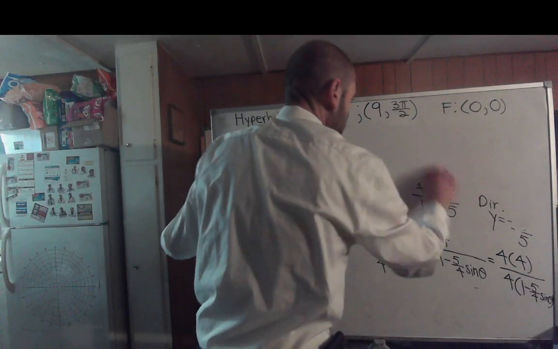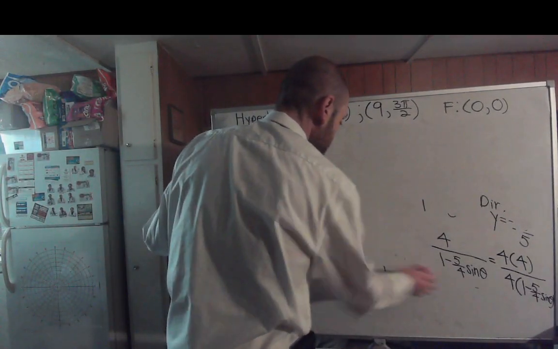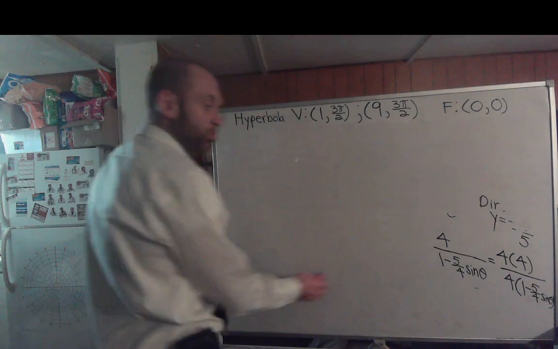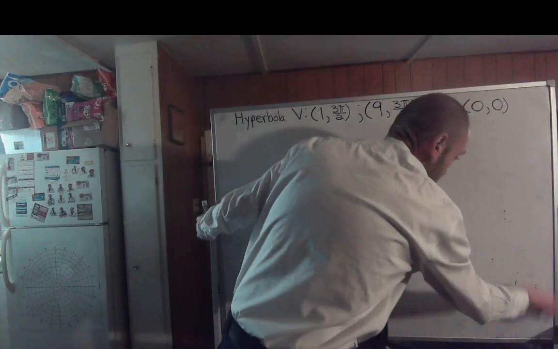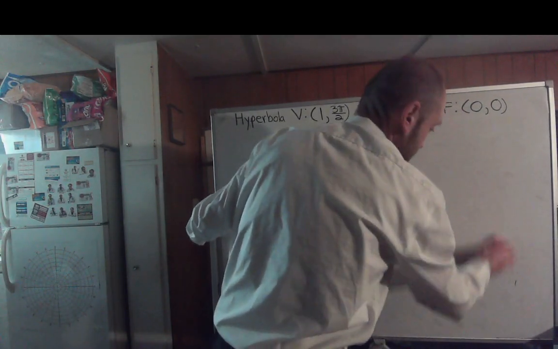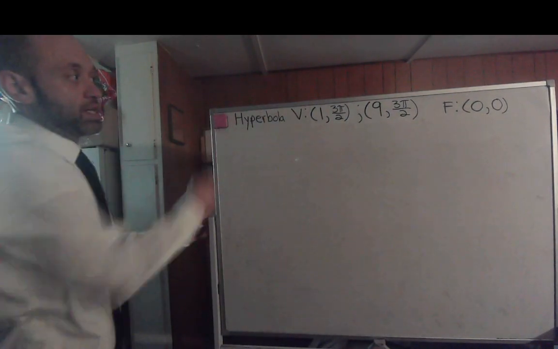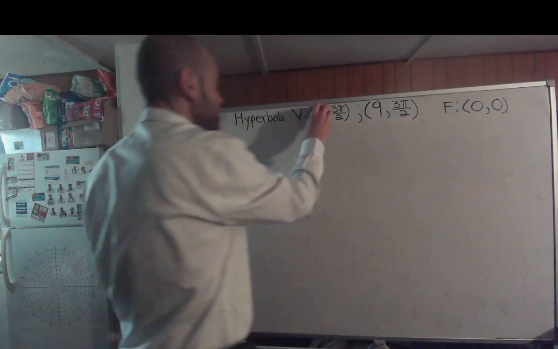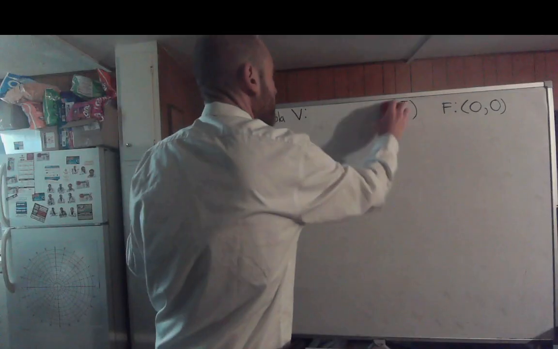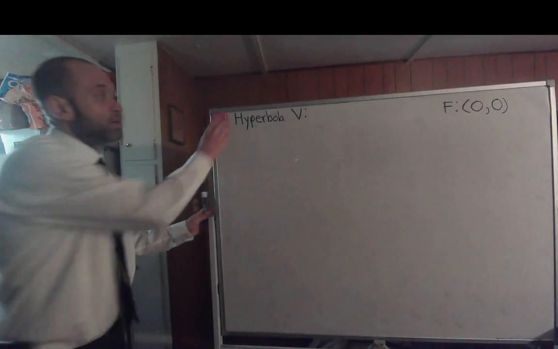Focus stays 0, 0, which is nice. You know, some books will call it ed instead of ep. Just keep that in mind, but it means the same thing as far as your distance from the focus to the directrix. Alright, whoops, we're definitely going to have different vertices here. We're not keeping the same vertices, not at all.